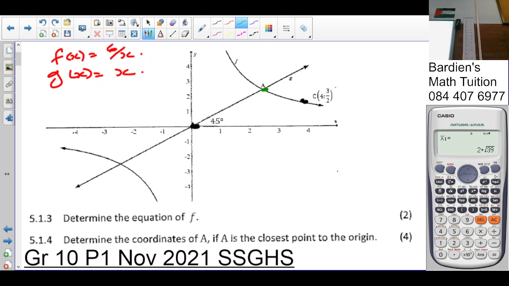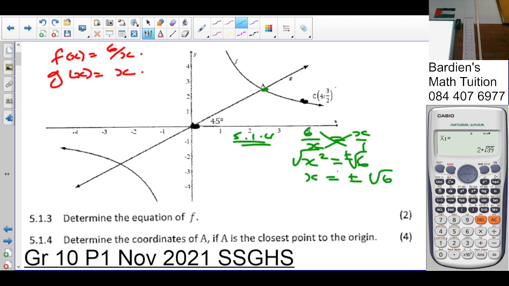Then, with the point of intersection, what we do is set the two graphs equal to each other. So 6 over x is equal to x over 1. Cross multiply, and we get x squared is equal to 6. If I introduce the square root, I must not forget plus minus, so x is equal to plus minus root 6. But if you look at where A lies, A is in the first quadrant. Is x ever negative in the first quadrant?